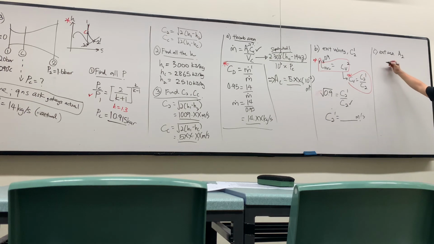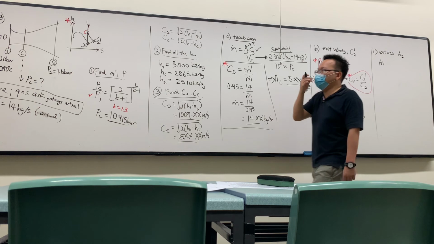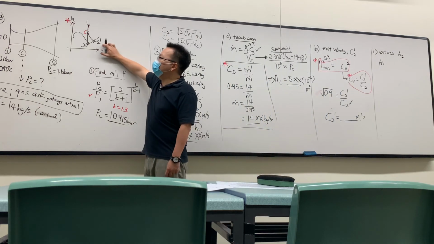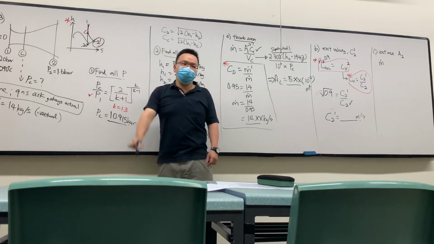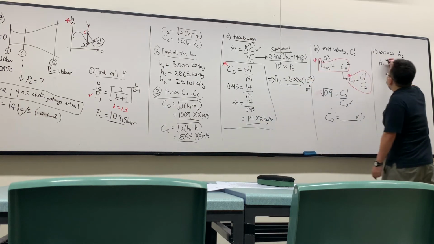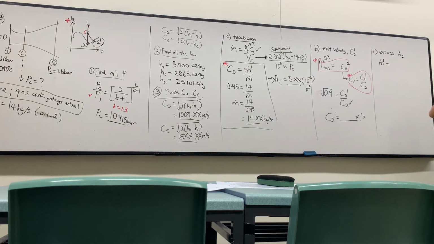So the mass to find exit, actual mass or ideal mass? Actual. Good. Remember everything dealing with the exit is actual. Equals A2 times C2, prime or no prime? 2 prime.